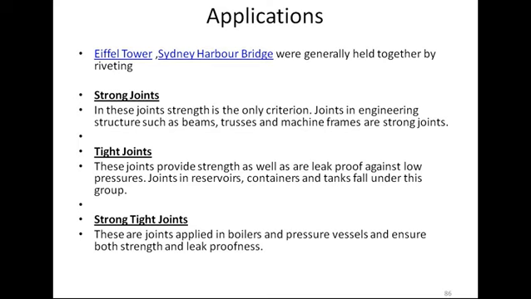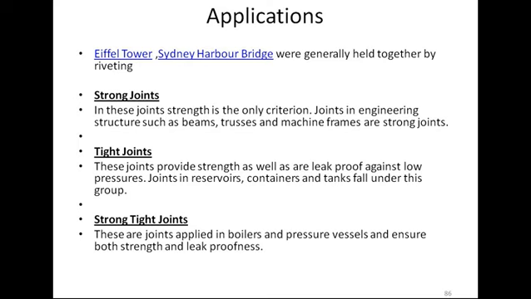The next criterion is tight joints. These joints provide strength as well as being leak proof against low pressure. Joints in reservoirs, containers and tanks fall under this group. So where tight joints are required, we can also prefer riveted joints.